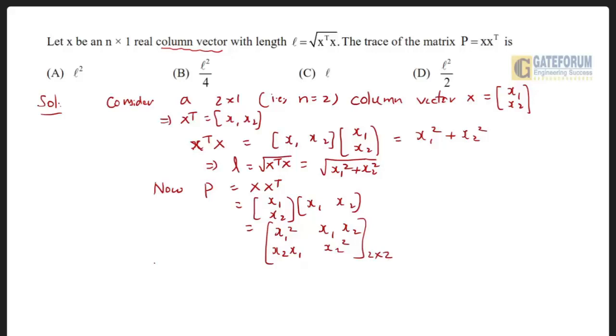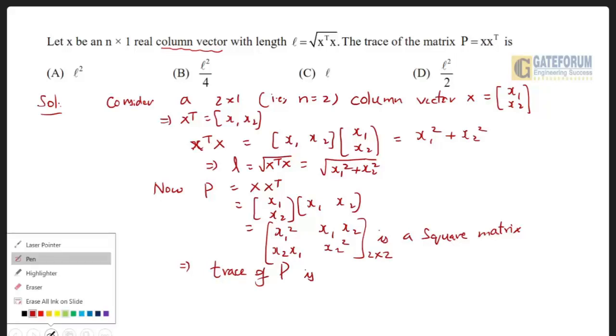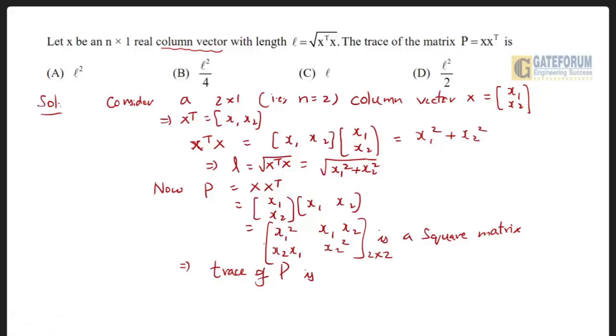Now, trace of a square matrix. Is this a square matrix or not? Trace of a square matrix is defined as the sum of the diagonal elements, the principal diagonal elements. Which implies trace of matrix P: these are the two diagonal elements, add these two elements, x1 square plus x2 square.